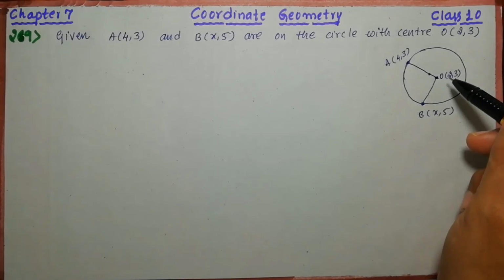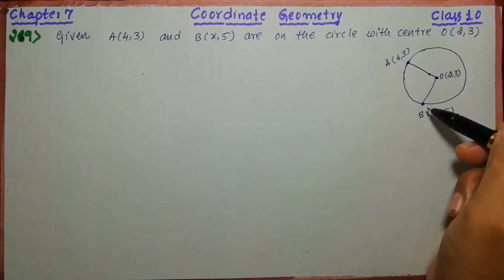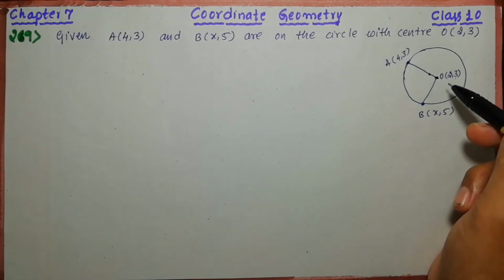So now we can see that OA is equal to OB, definitely, because the radius should be the same for the same circle.